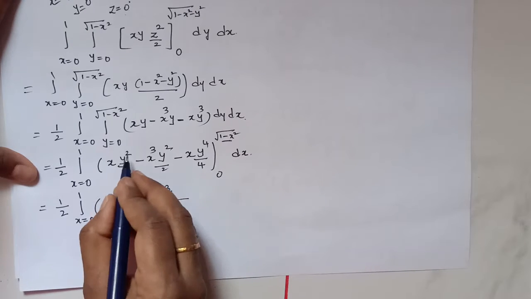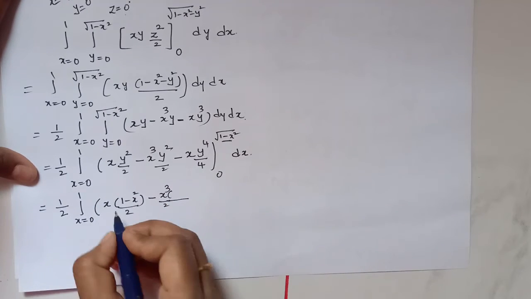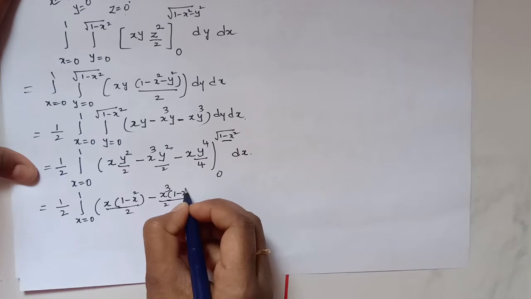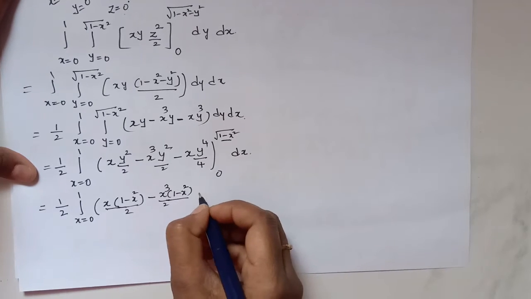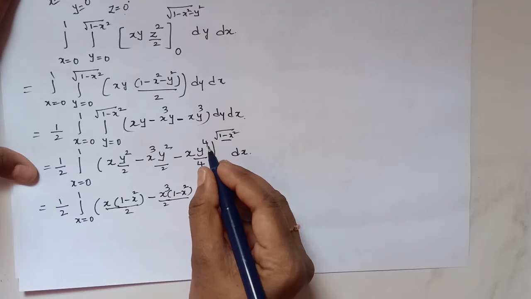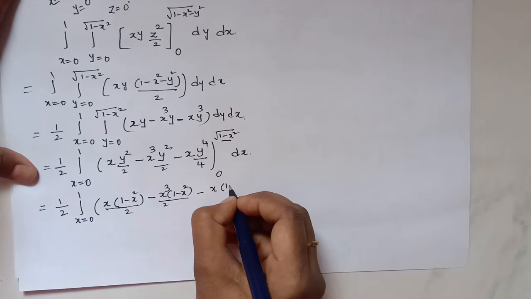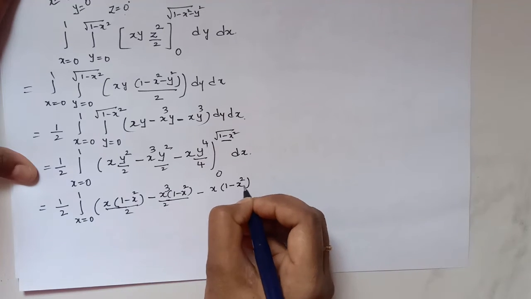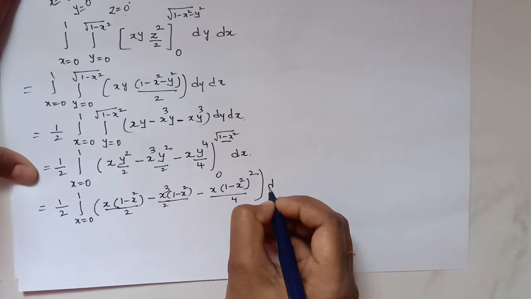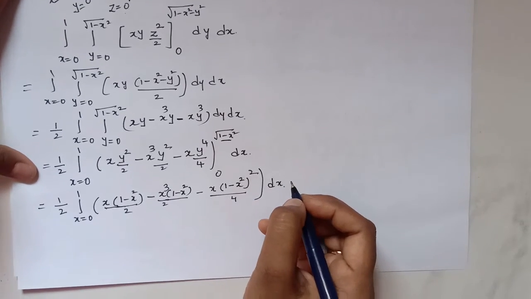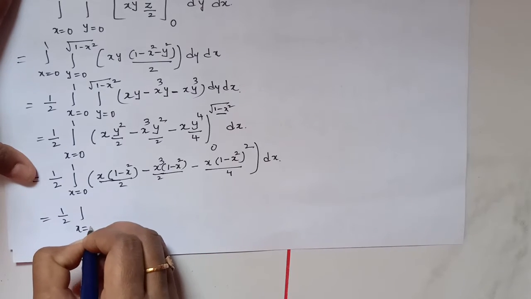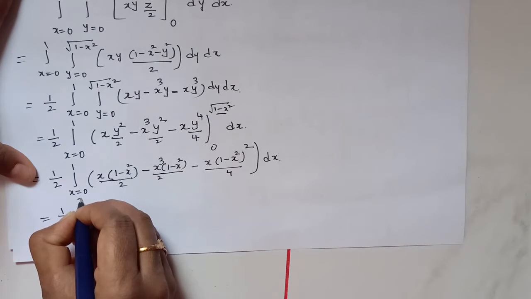Here we have y square by 2, so here also we get 2. x cube into 1 minus x square by 2, minus x into y power 4 we have. Okay, y power 4 means we get 1 minus x square whole square by 4, into dx.